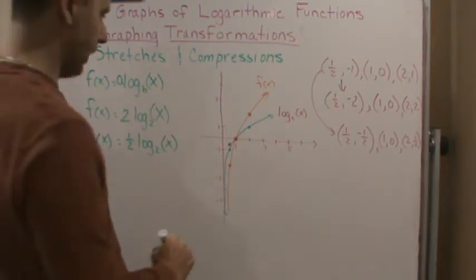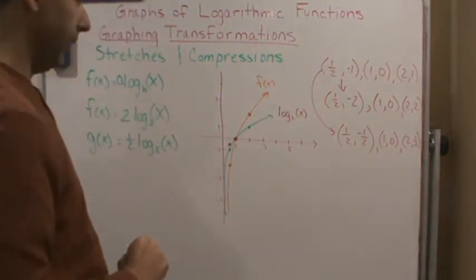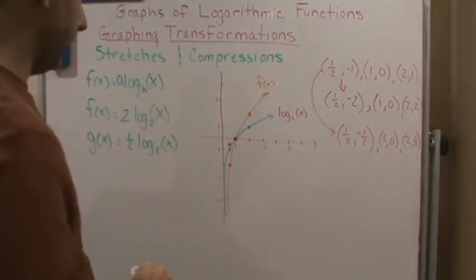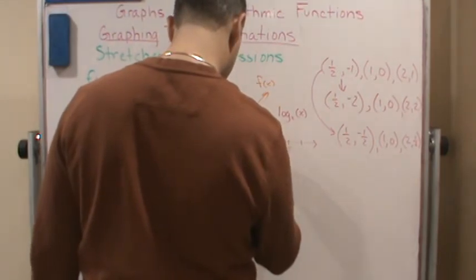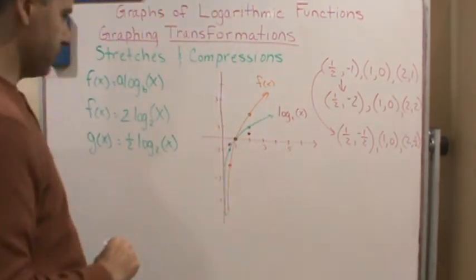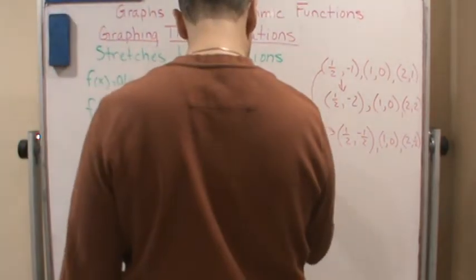And then 1 comma 0, of course. And then 2 comma 1/2, so right about here. And so now this is going to look like this.